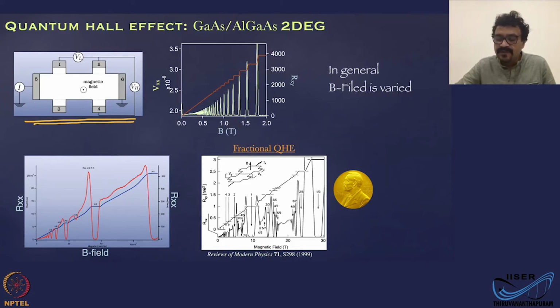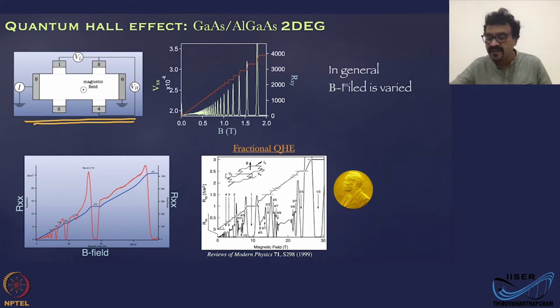Now at the same time you are also seeing a Vxx, the voltage along the x direction, which is measured across one of these probes in the direction of the current propagation.